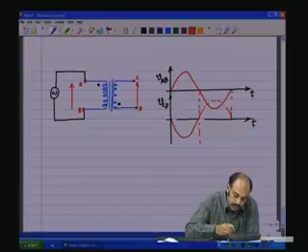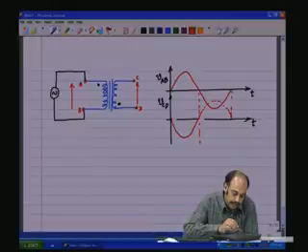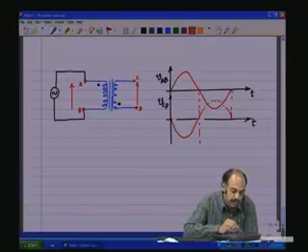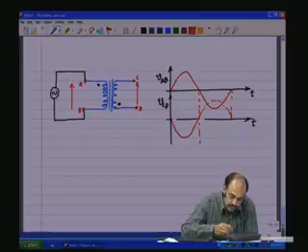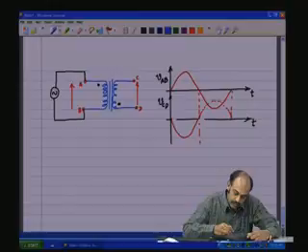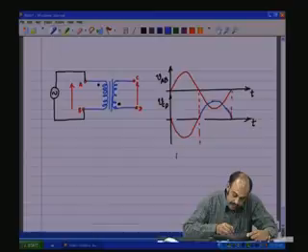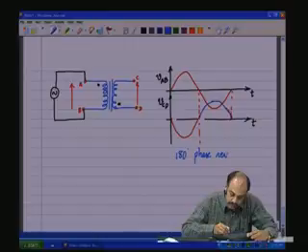And when A is going negative with respect to B, D is also going negative with respect to C, but if D goes negative with respect to C, C goes positive with respect to D, and that is what is happening. VCD is positive during this time. So, you see that there is a 180 degrees phase reversal.